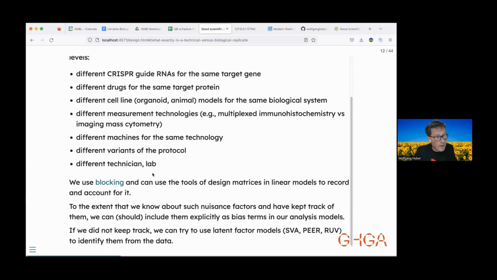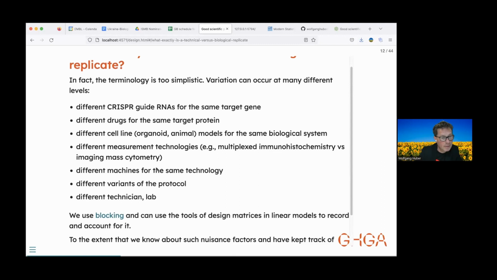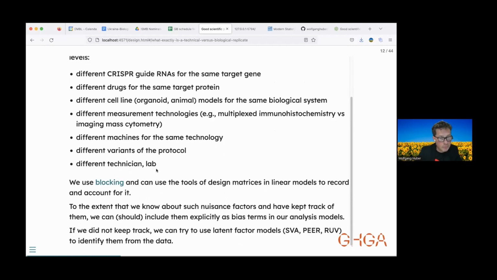There's room to think about which of these factors we vary and to what extent, and where we stop varying, because at some point, of course, the experiment has to stay finite. But those are far more subtle and detailed than just the difference between a biological and technical replicate, and therefore it is useful to think about this in this much more detailed way.